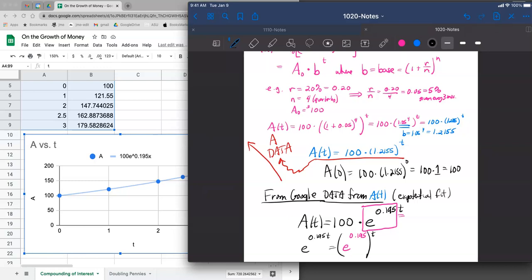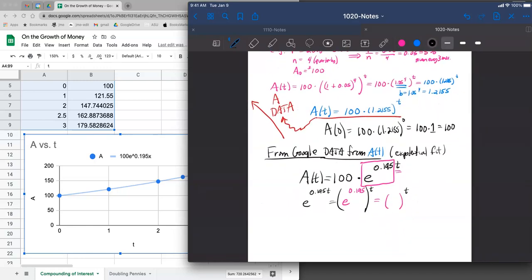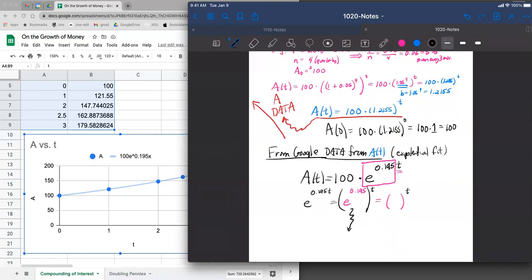If you focus on that pink number for a second, it comes from our compound interest discussions. The pink number is the amount of money that $1 grows to at an interest rate of 19.5% in 1 year, compounded continuously.